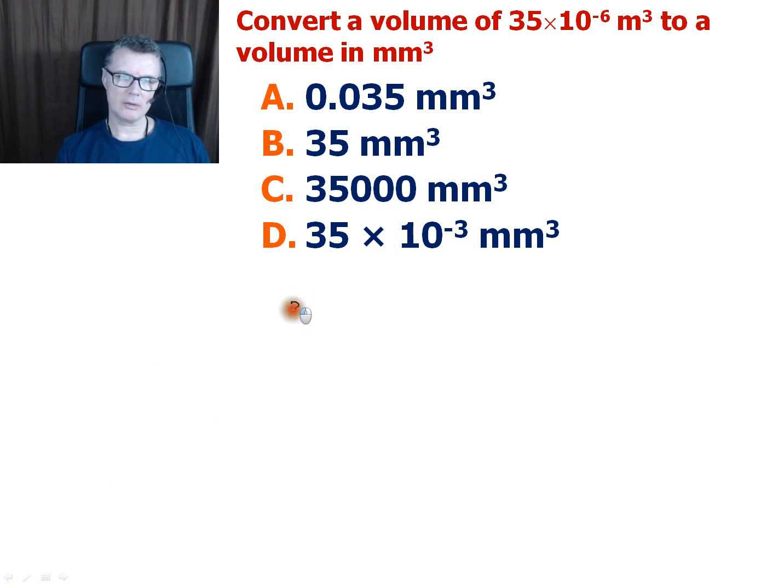So for here I've got 35 times 10 to the minus 6. I know that 1000 millimeters equals 1 meter.